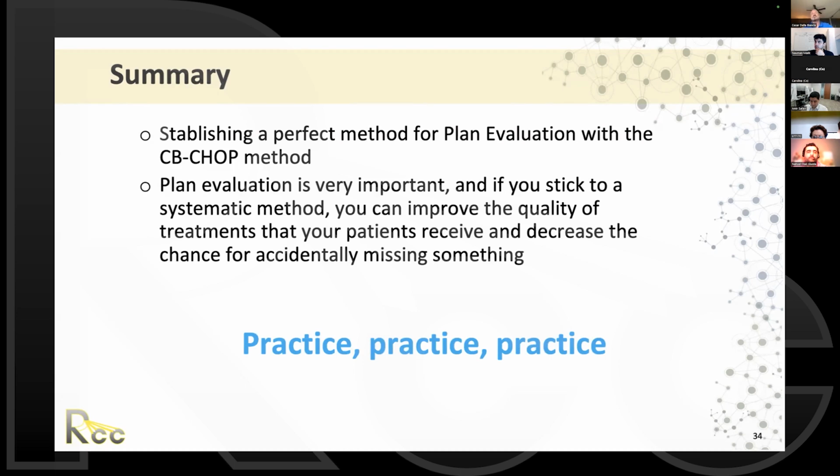So always practice, and the more plans you review, the better. I always insist you develop your systematic method. We can tell you, okay, this is what you should follow, but it needs to make sense to you, and you need to systematically apply it, whatever method you choose.